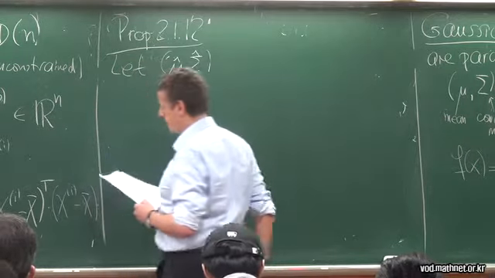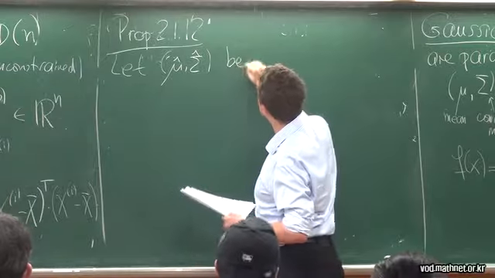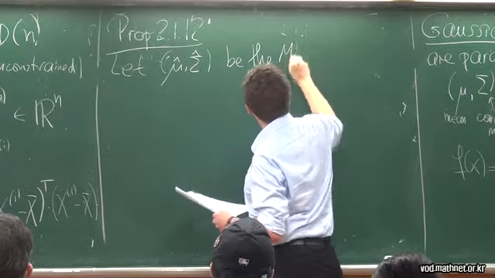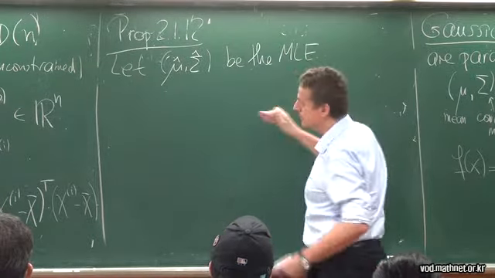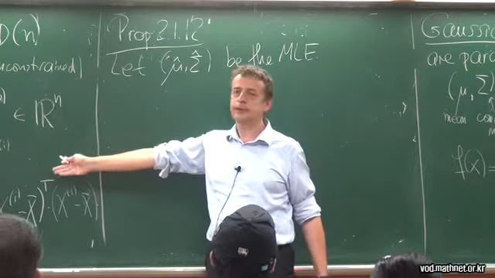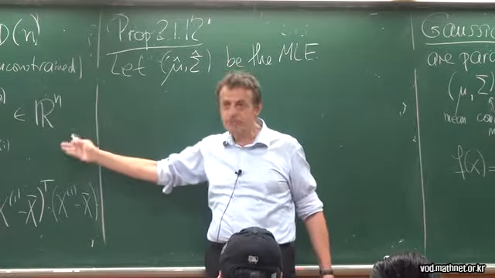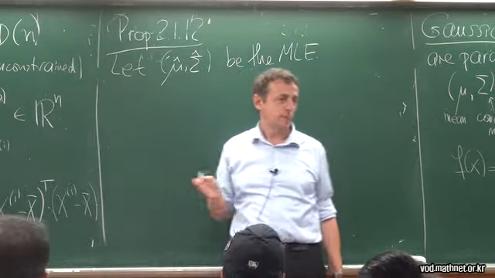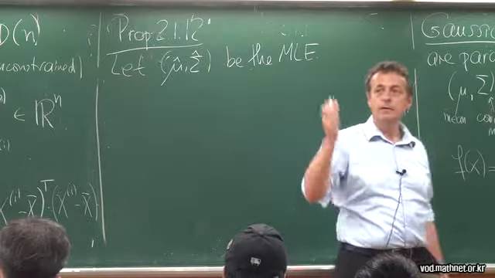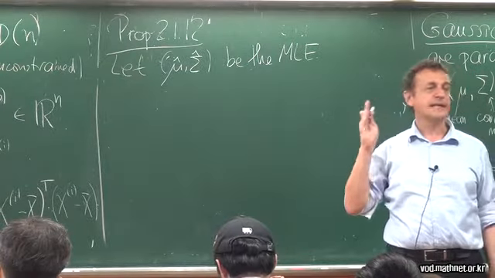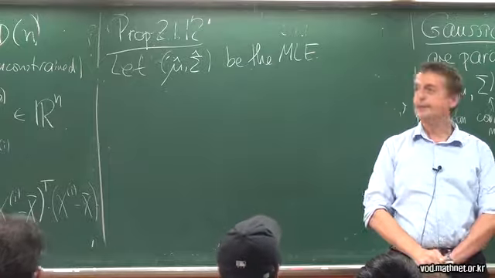So let mu hat, sigma hat be the maximum likelihood estimate for our data. Okay? We're given the samples, and Rainer has a model. Rainer has a set theta of covariance matrices he likes.